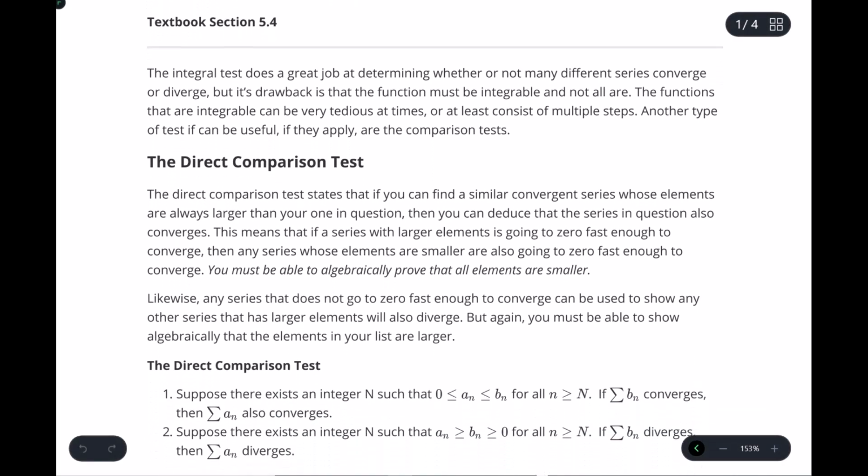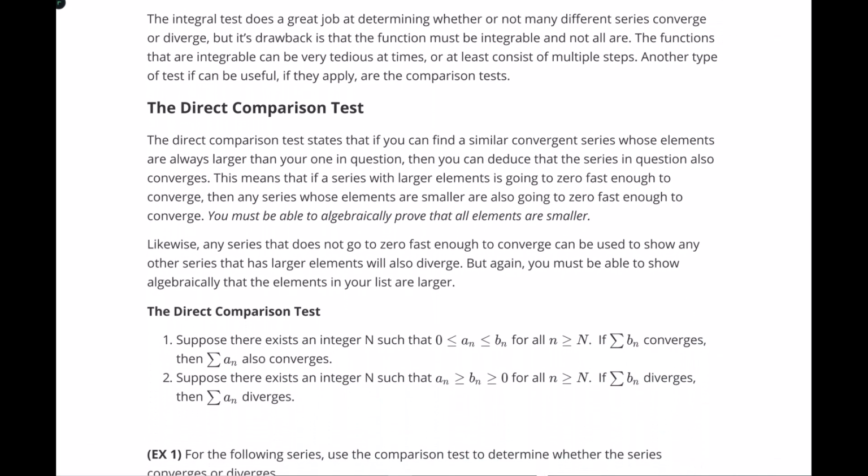So the direct comparison test, what it does is it just simply says, if you can find a similar series that converges or diverges, and generally you're going to get one from a P series or the geometric series, because it's easy to come up with a series and know whether it converges or diverges.